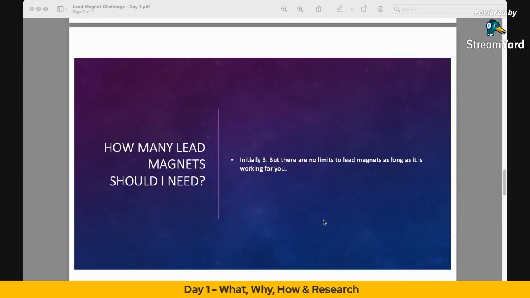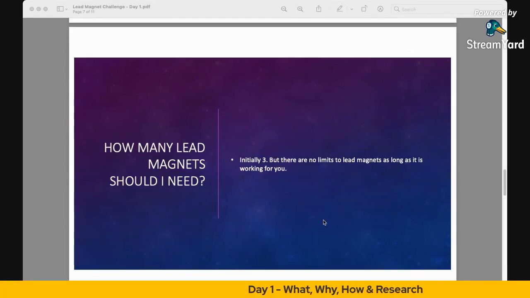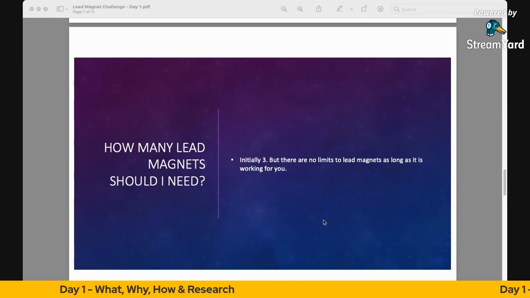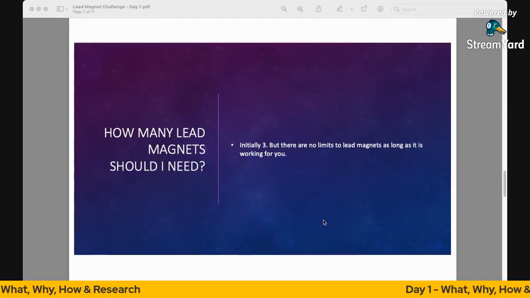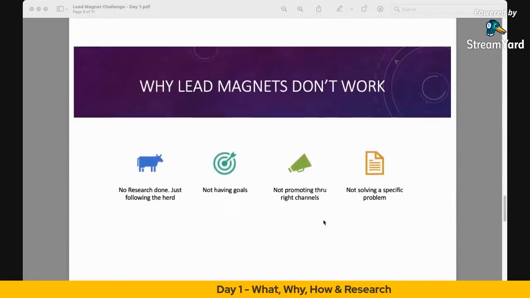For networking meetings, they could be used differently than the one you use online. Initially, keep it at 3. Just one will do if you've got it right.